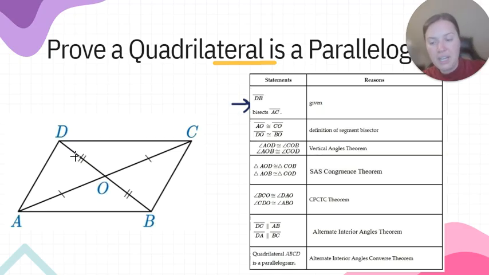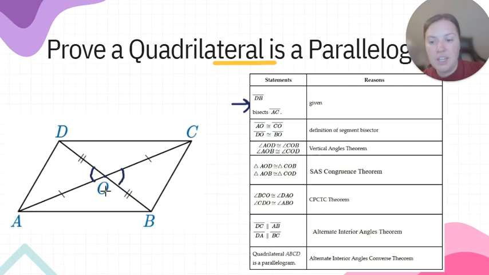Because we have these congruent sides here, we can use the vertical angle theorem to show that AOD is congruent to COB. We have this vertex O, and we can show that these two angles are congruent to each other.